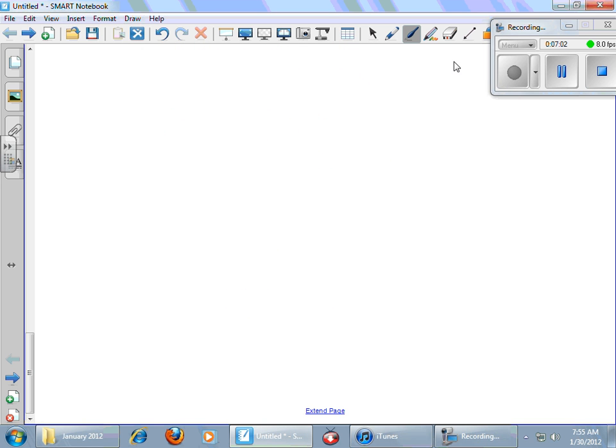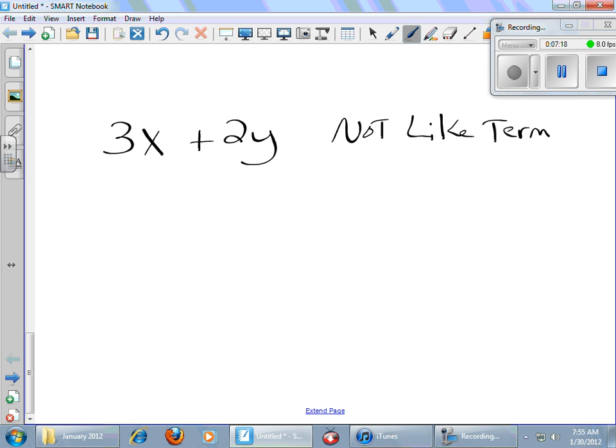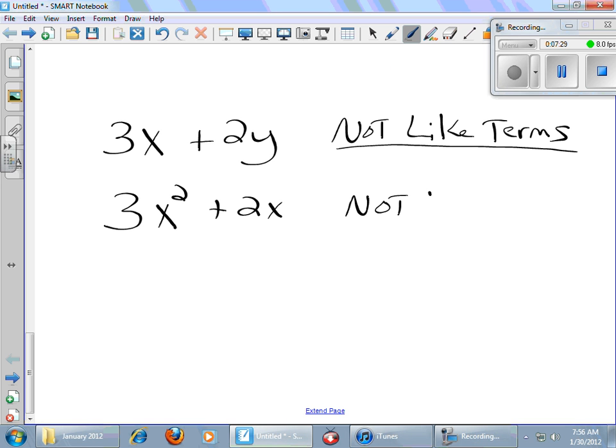Now, addition and subtraction is a little bit different. Let me digress for a moment and say, you know that 3x plus 2y cannot be done. They're not like terms. You can't put them together. What you may not realize is that 3x squared plus 2x are also not like terms.